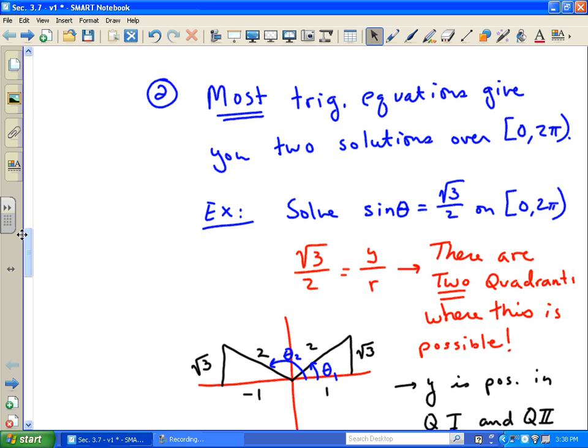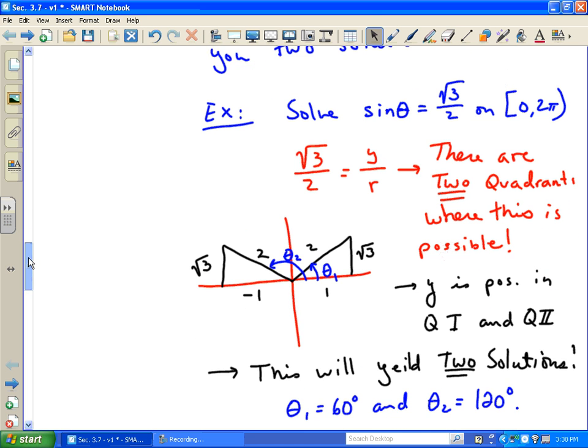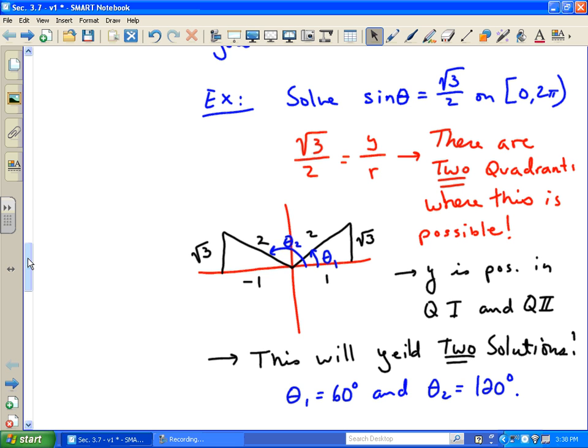Most trig equations, you will end up with 2 solutions if you solve them on the interval 0 to 2 pi. Not all, but most. So for example, if I'm asked to solve sine of theta equals the square root of 3 over 2 on the interval from 0 to 2 pi, I will go into the technique in a little bit, but just think for a moment that the square root of 3 over 2 is the same thing as y over r.